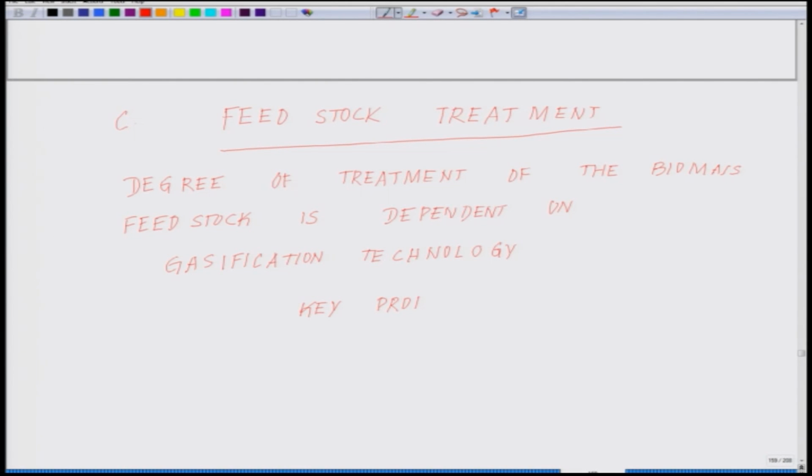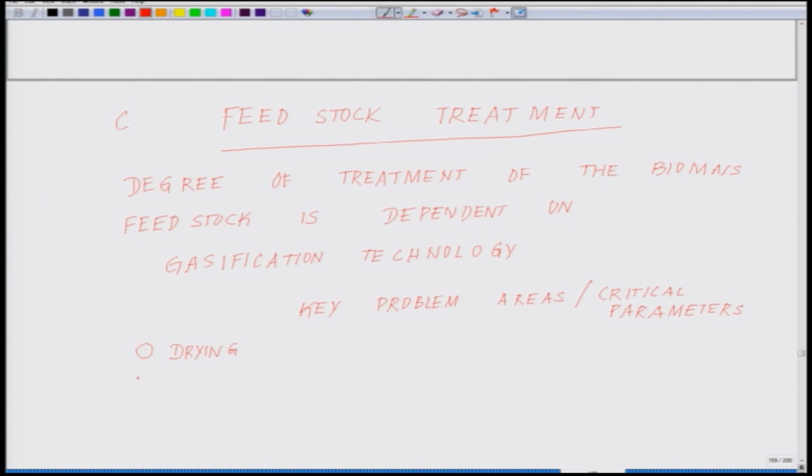What we will be doing, we will enumerate the key problem areas for feedstock treatment. Okay. Key problem areas or critical parameters. So, among these critical parameters, one aspect is the drying, we'll come one by one into them. Let's enumerate all of them.